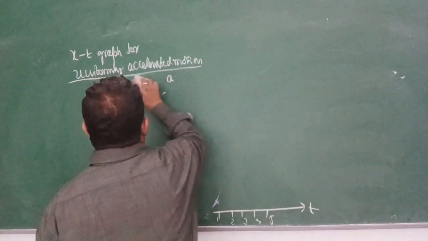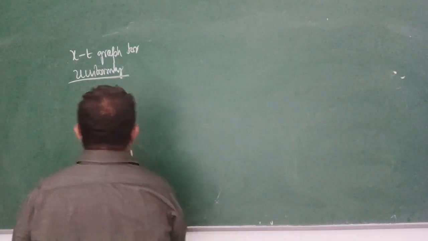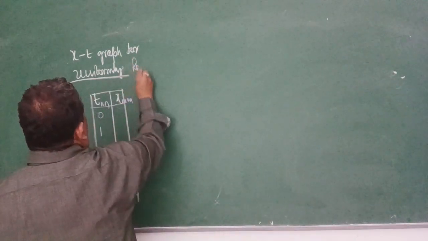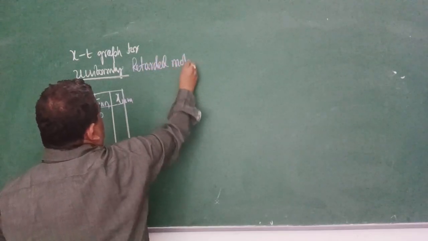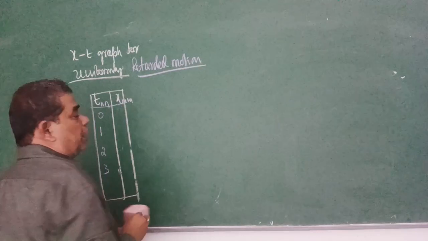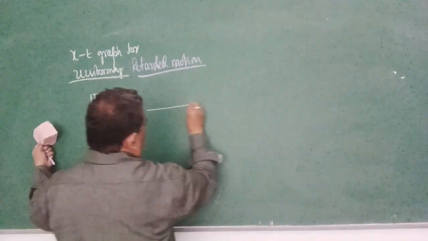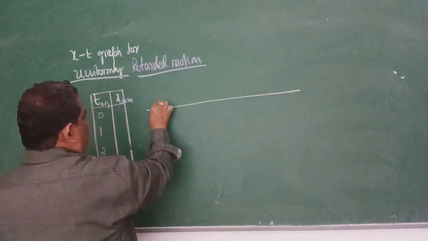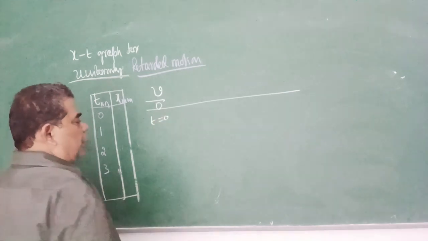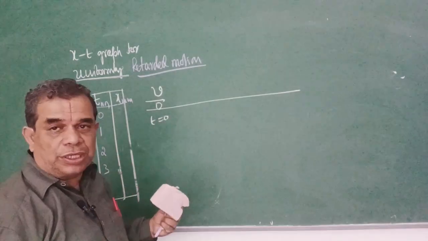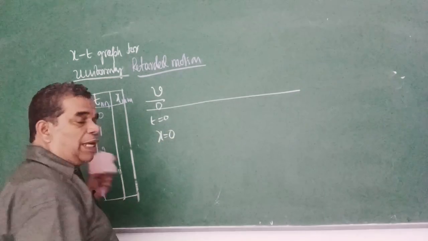For uniformly retarded motion, that means deceleration, the situation is like this. If you have a straight path, an object is moving at velocity v at t equals 0 second, and we take its position as 0 there.